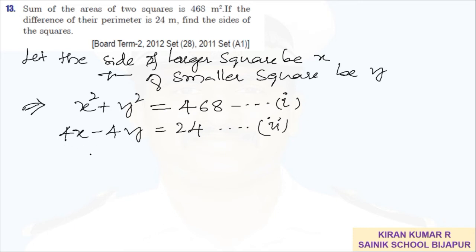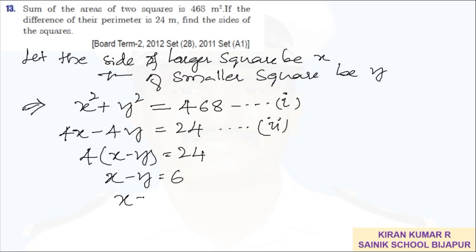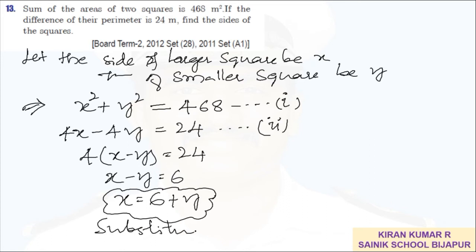I can take 4 as common. I'll be getting x minus y is equal to 6. So x will be 6 plus y. Let me substitute this in equation 1.